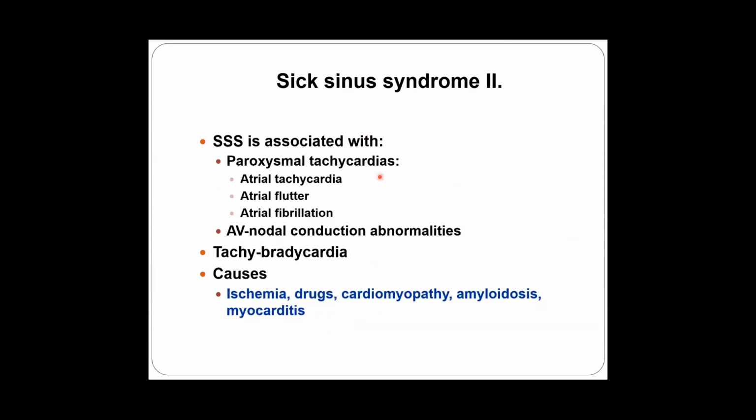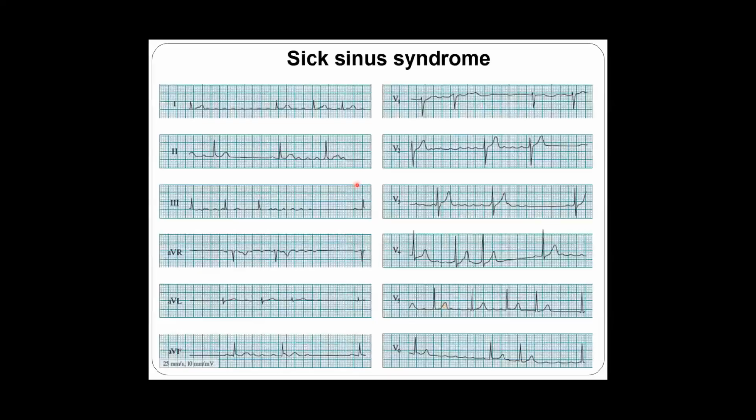Basically, this sick sinus syndrome is associated with paroxysmal tachycardias, tachy-bradycardias, and mostly it is caused by some heart problem. So you have to consider it a pathological sign. Now, this is what you have with sick sinus syndrome. This is arrhythmia absoluta.